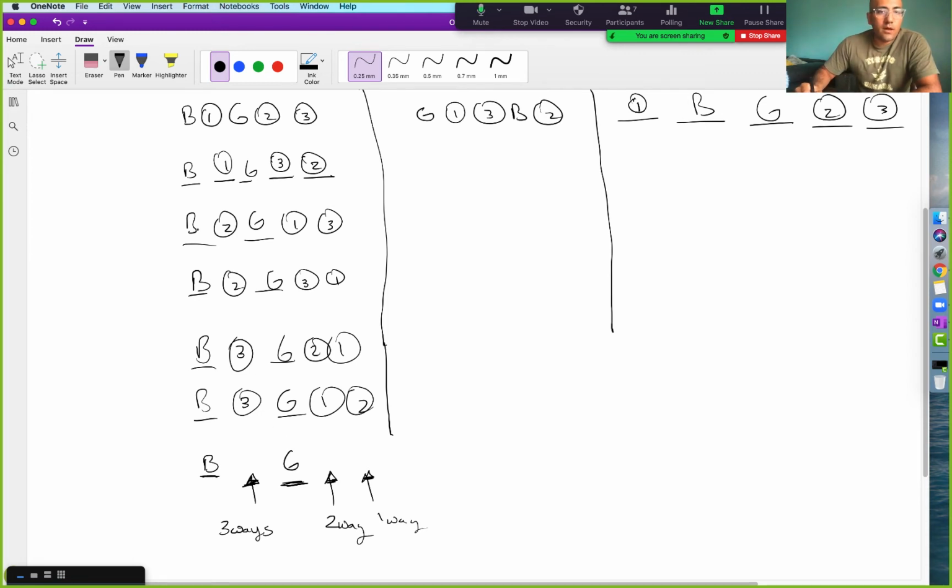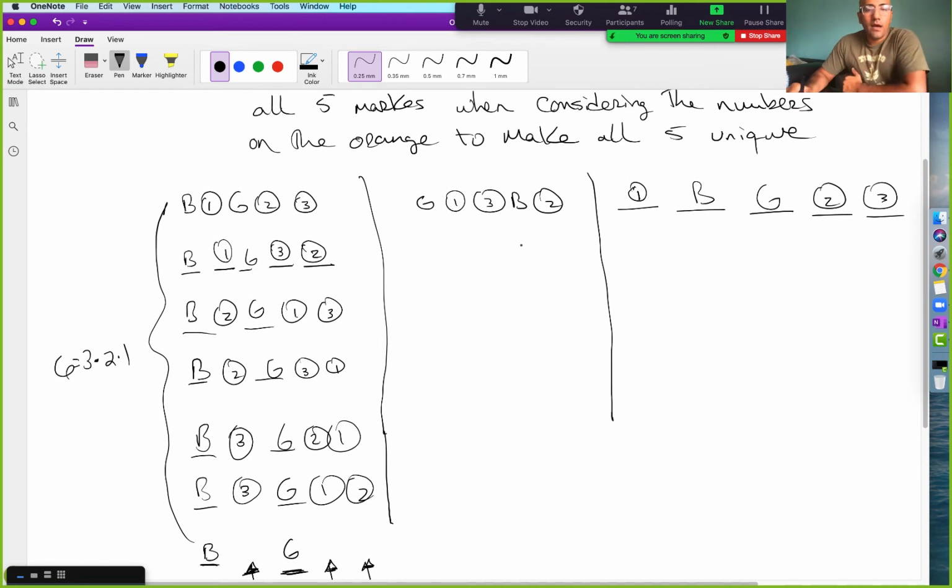So that's why in this direction, in this giant table, there's going to be 3 times 2 times 1, which is equal to 6. There are 6 in this direction. Good. And in this direction over here, I'm just putting down all the different ways in which I can put the other markers that are not orange.